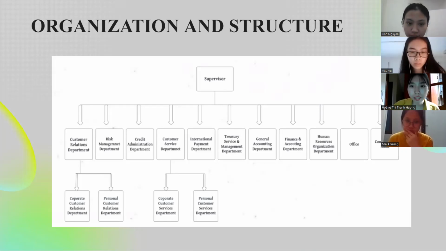All departments in a BIDV branch have main functions such as make plans, work programs, and find solutions to implement tasks within the assigned functions, guiding documents in the assigned professional field, improve working method, train staff in capacity, expertise, and professional ethics to improve customer service quality, and many other functions.